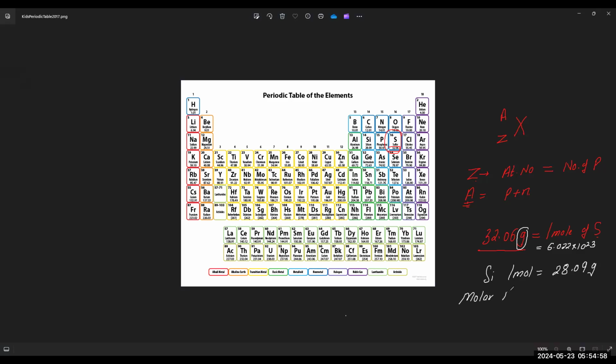Unit of molar mass is grams per mole. So please write it down. Some students are writing U. What is the full form of U, children? U is unified mass.